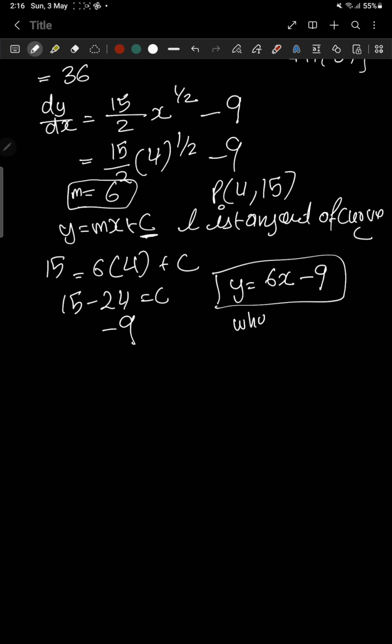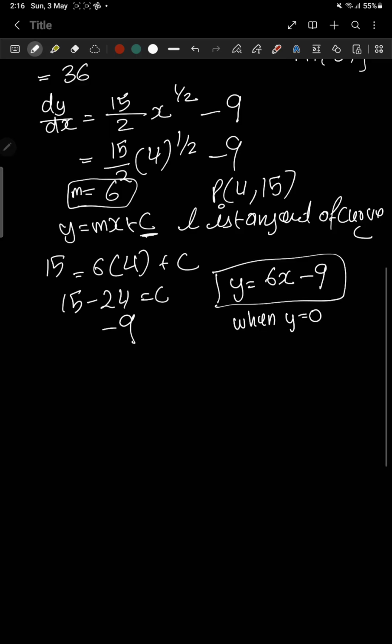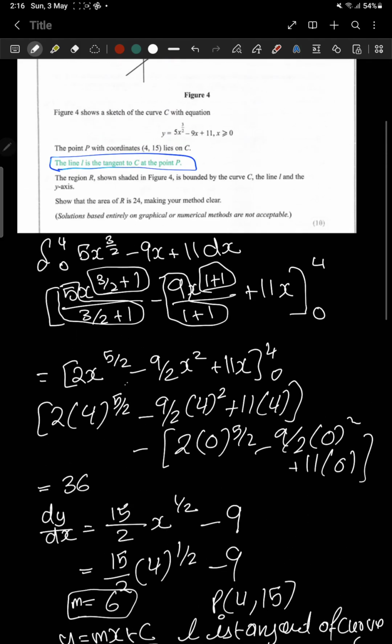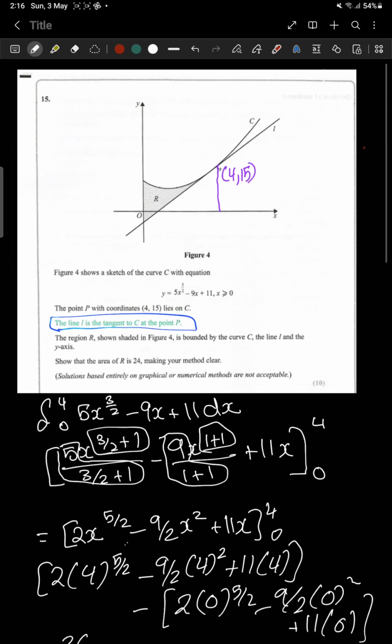So 9 over 6 is x. 9 over 6 is 3 over 2, which is 1.5. So x is 1.5, and this is 4 right over here.